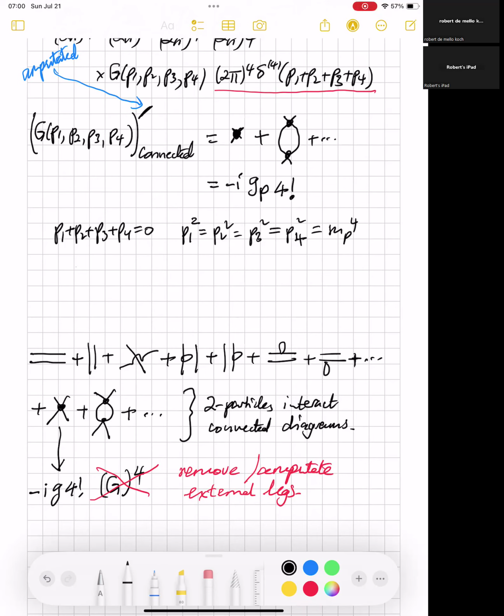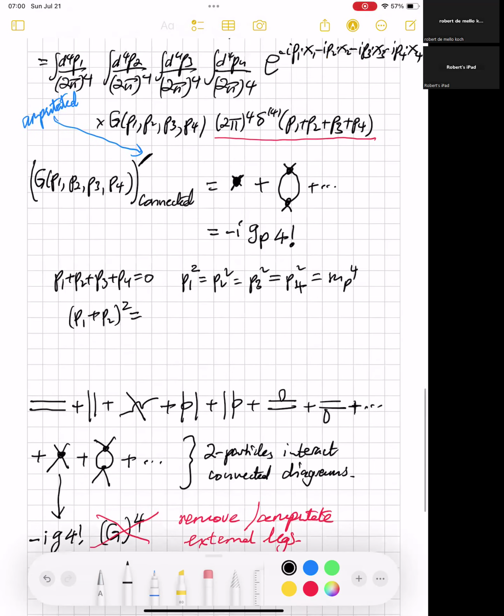And then we also want that P1 plus P2 squared is equal to, oh, guys, sorry, I just want to change some of these signs. It's just going to make our discussion slightly easier. I want to make P3 and P4 a minus.